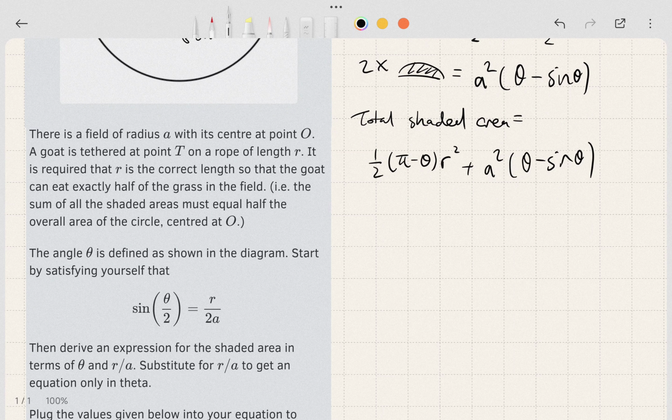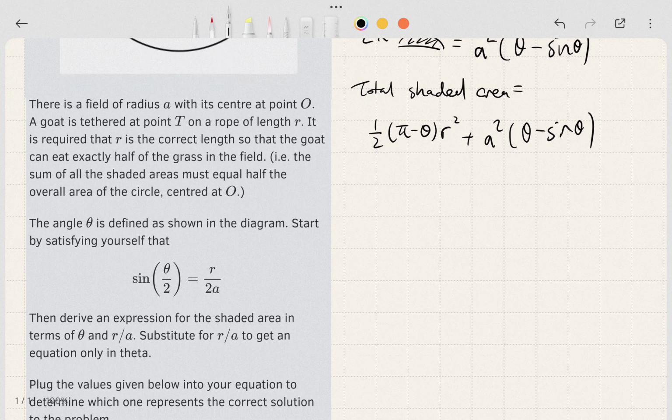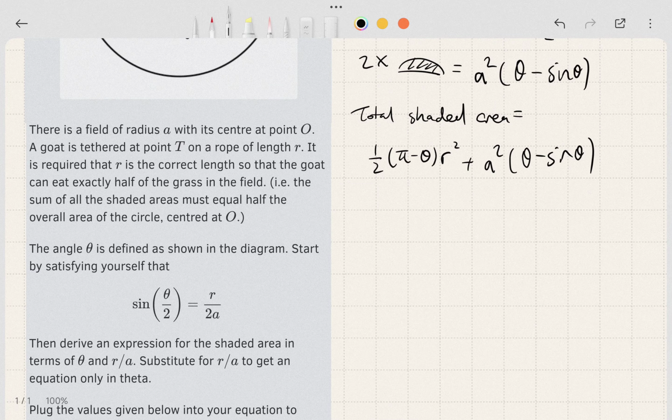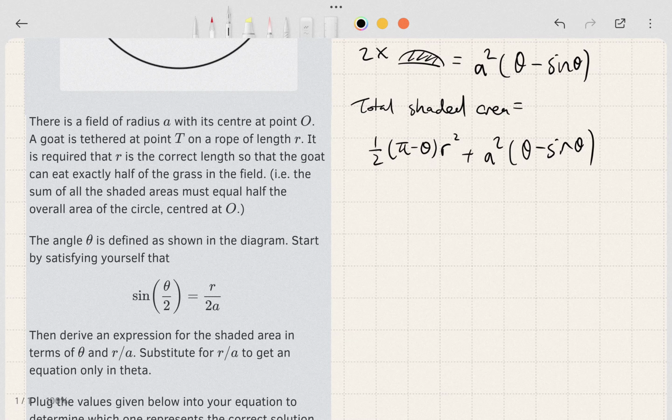It says derive an expression for the shaded area in terms of theta and r over a. Well, I didn't get r over a. It says substitute for r over a to get an equation only in theta.